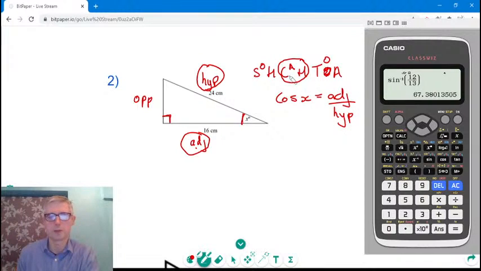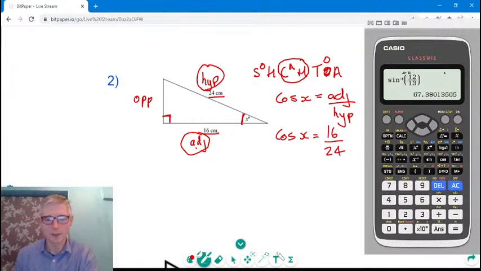And all we're going to do is plug in the numbers that we've got for the hypotenuse and the adjacent. So we're going to say that cos x is equal to 16 over 24.